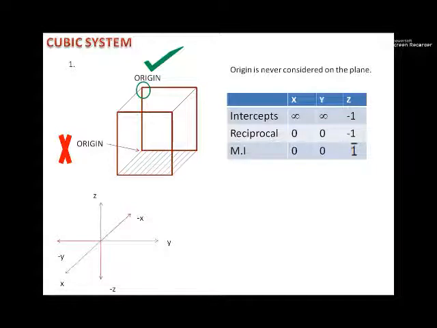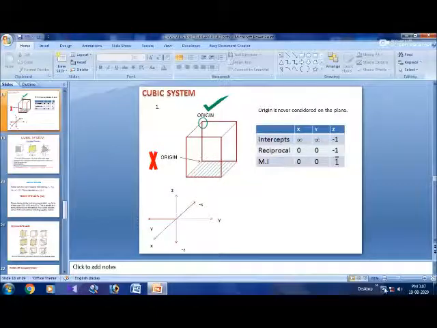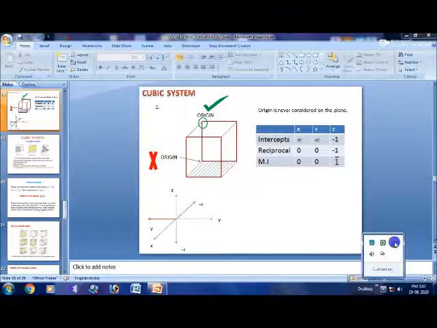Now I am going to calculate the Miller indices for the above 3 examples. Now I am coming to the example of the determination of Miller indices for 3 examples.